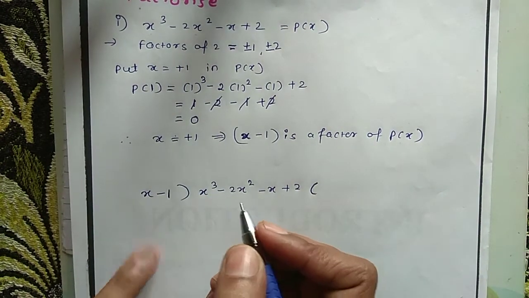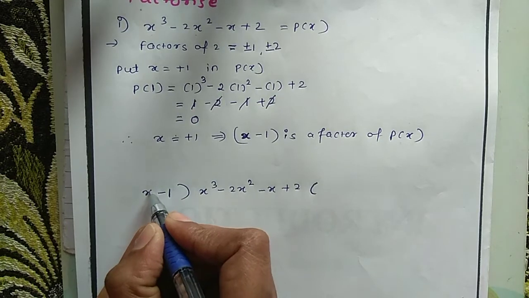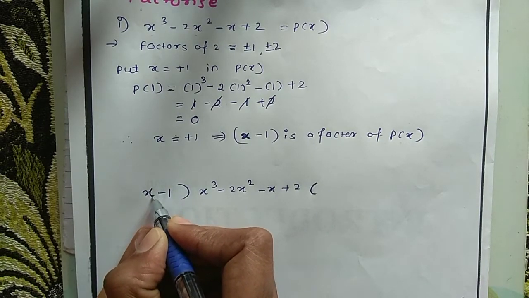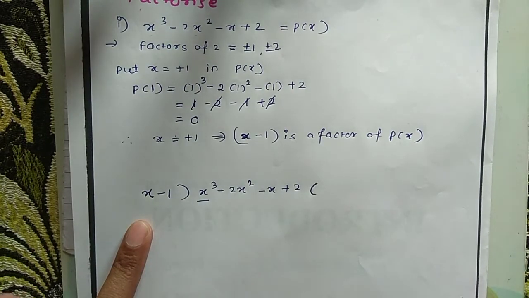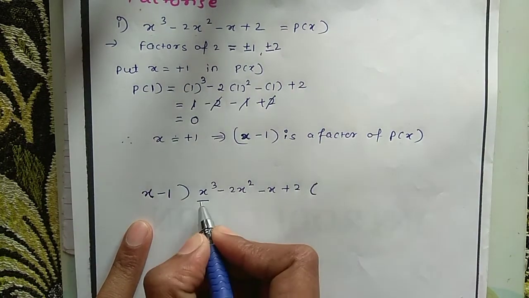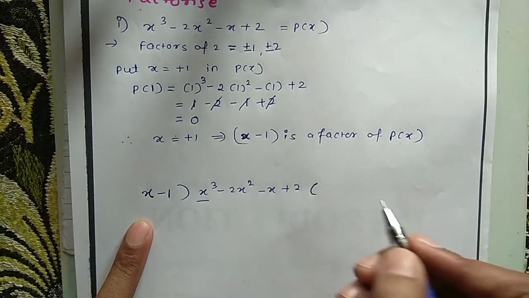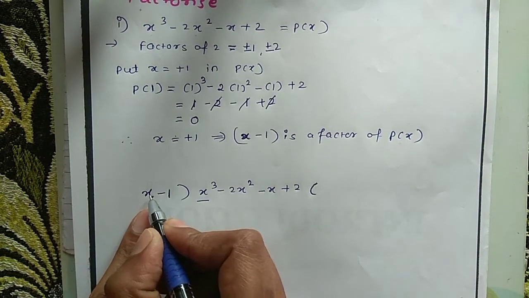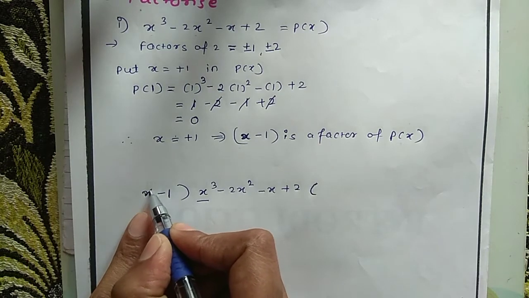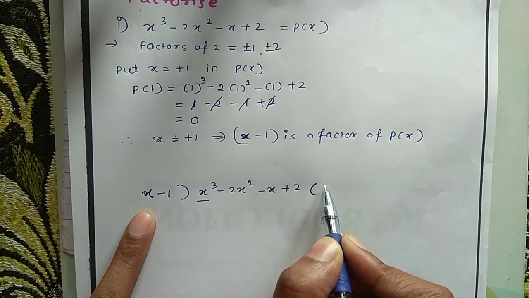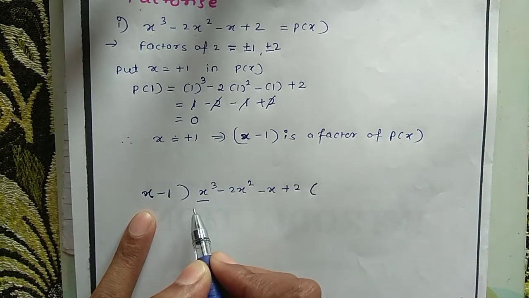So now we'll start dividing. You might have learned division of polynomials in 8th standard, but let me revise it once again. It is like our normal division. First you have to try to eliminate the first term. As in normal division, you multiply the divisor by a suitable quotient term so that you get x cube.